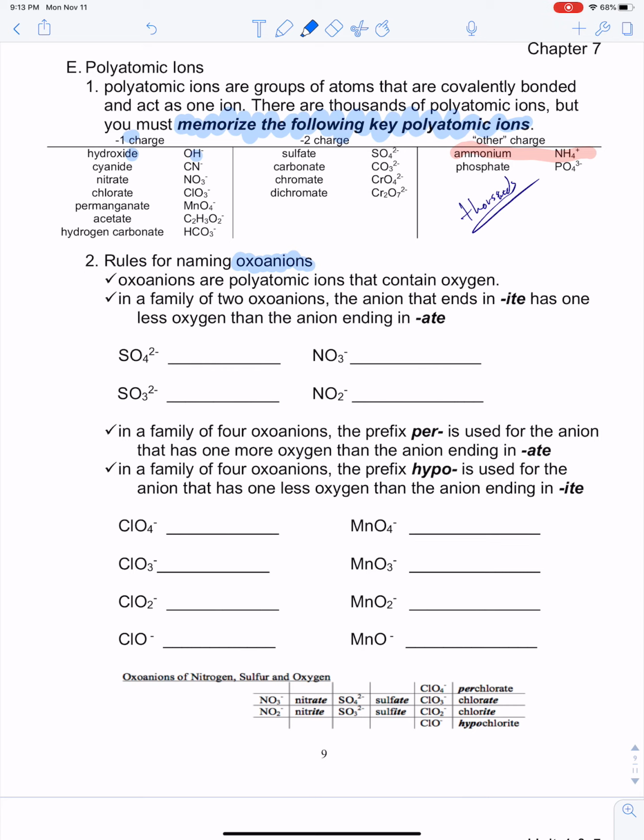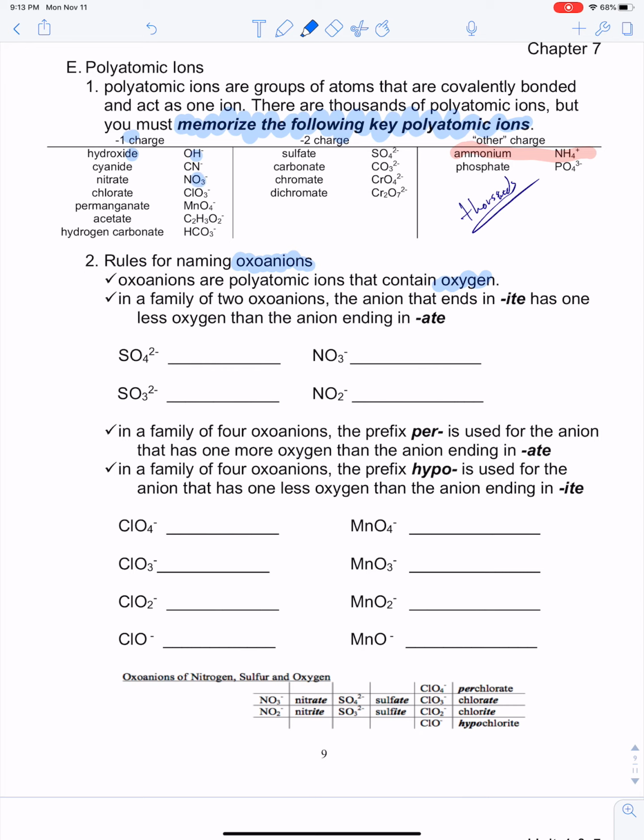Oxoanions are the anions that contain oxygen. Not every oxygen-containing polyatomic ion is truly an oxoanion, not hydroxide, but nitrate would be.